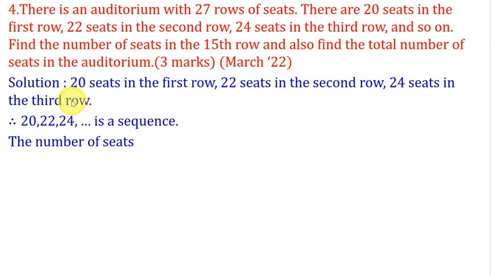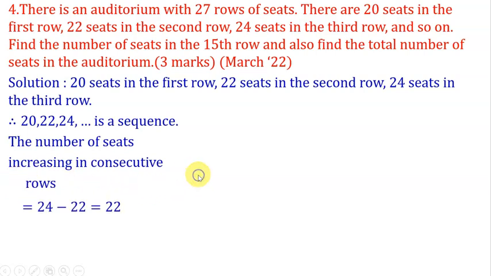Okay. Now solution. 20 seats in the first row, 22 seats in the second row, 24 seats in the third row. Therefore, you will get the sequence like this: 20, 22, 24, and in this way is the sequence. The number of seats is increasing in consecutive rows.